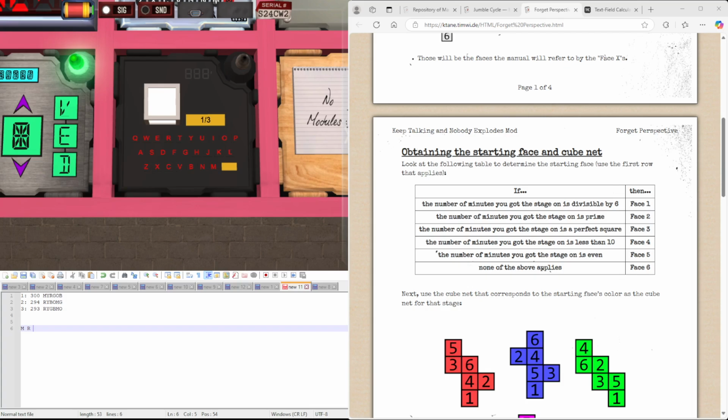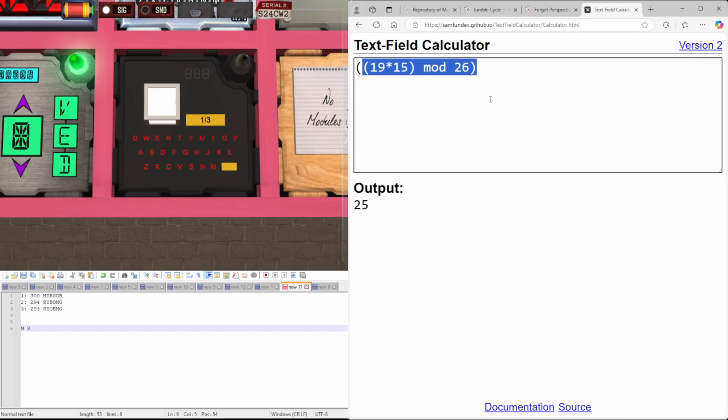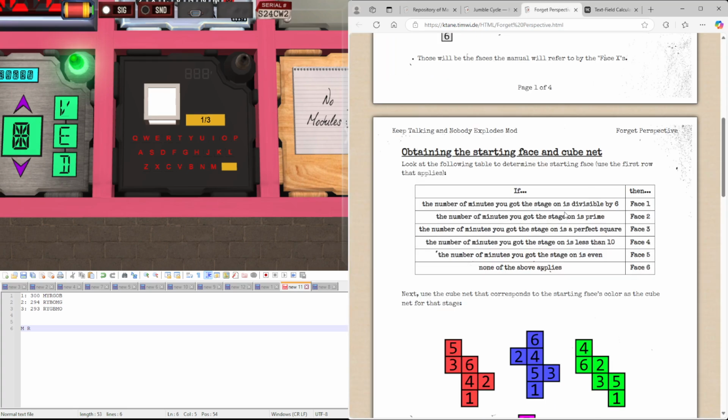How many you got on stage, prime? Is prime. Yes. Face 2. Y. I didn't even realise the Y was the second base in all of them. Okay.